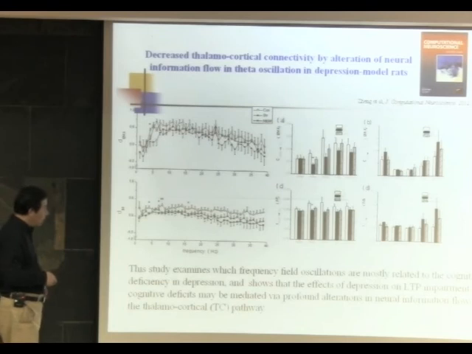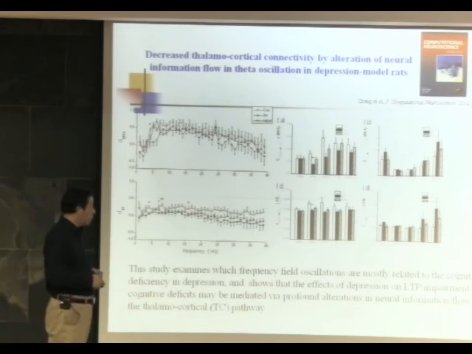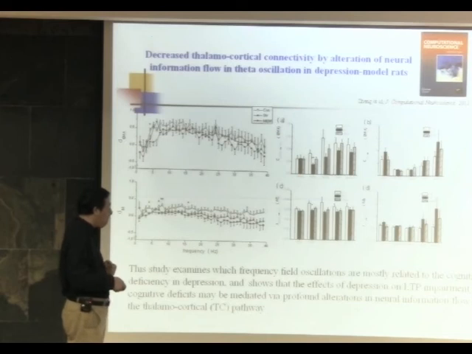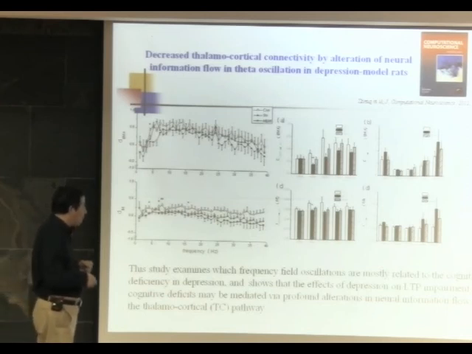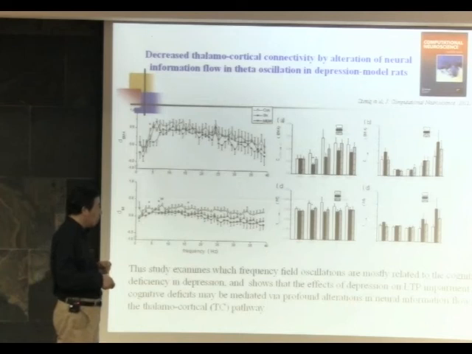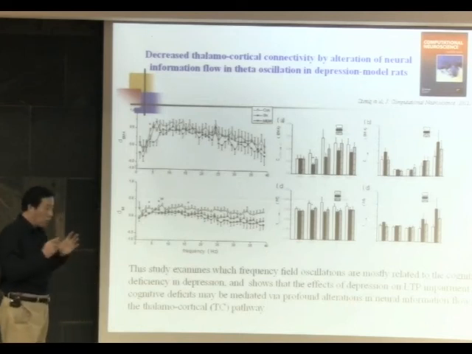And our results show that the effect of depression on LTP, long-term potentiation, impairment and cognitive deficits may be mediated by alterations in neural information flow in the thalamus and the cortex, which we call the TC pathway.